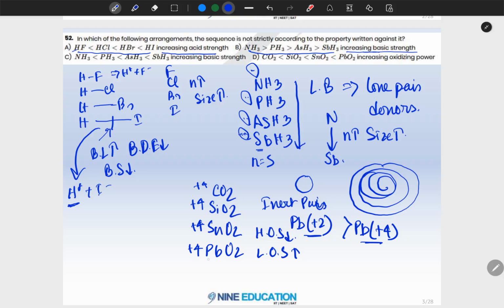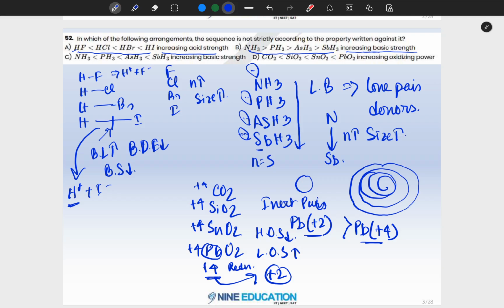So in PbO2, lead is present in the plus 4 oxidation state. Obviously this is unstable, so lead has a high tendency to get converted to the plus 2 oxidation state. So lead has a high tendency to undergo reduction, and as a result lead will try to oxidize the other substance. So I can also conclude lead has a very high tendency to oxidize the other substance.